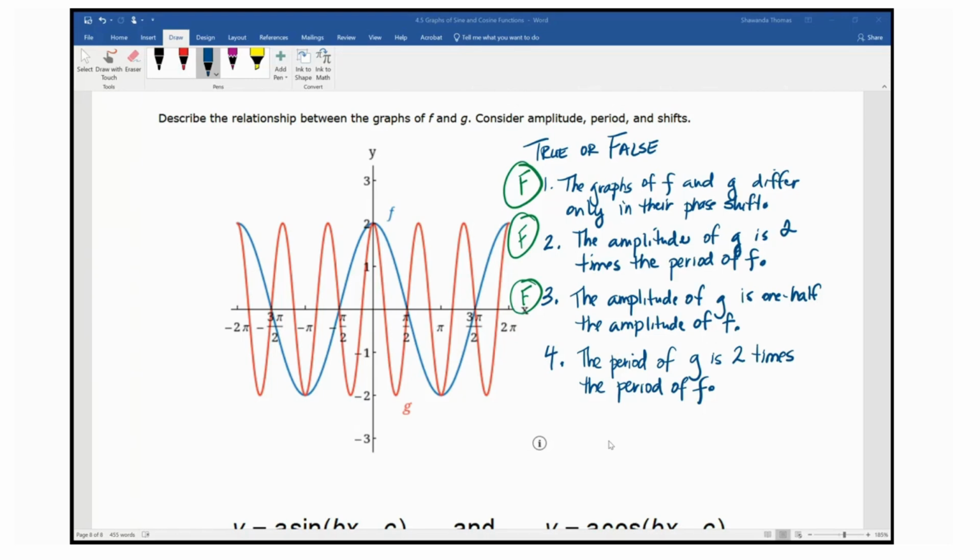Is it because their intervals are different? I see what you're saying. But why is this statement false? The period of G is 2 times the period of F. Because they both span from -2 pi to 2 pi, so it would have to be false.